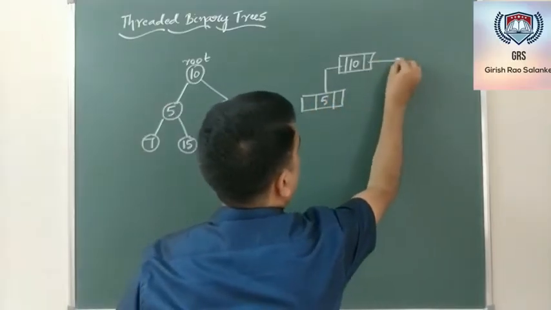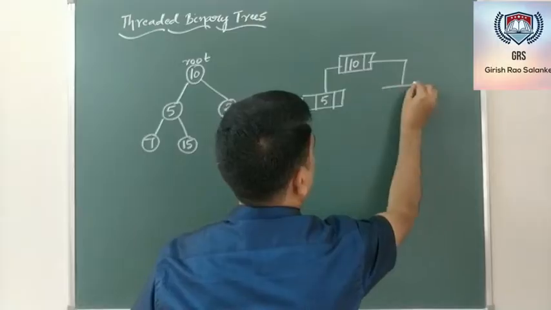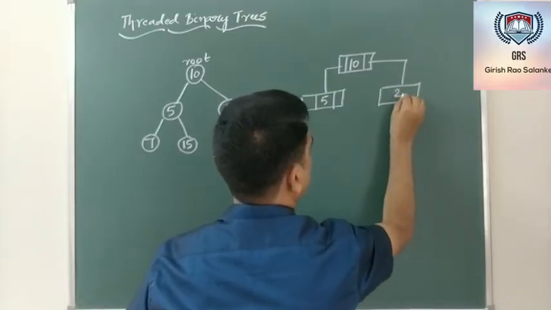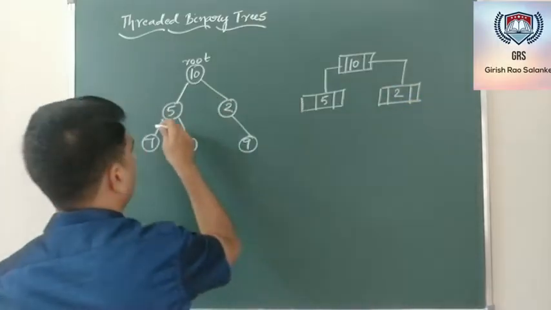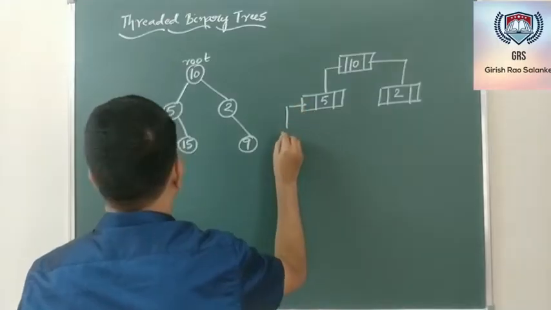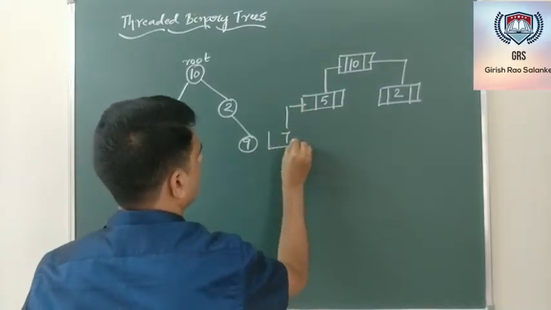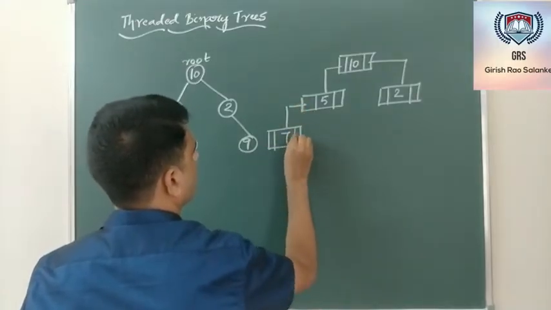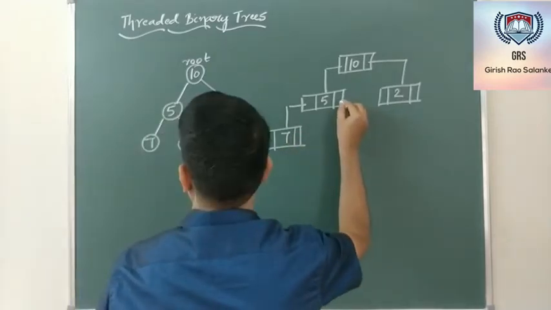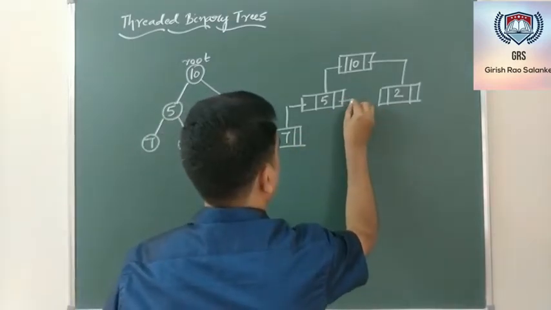Now right of 10 is 2. Left of 5 is 7. Right of 5 is 15.